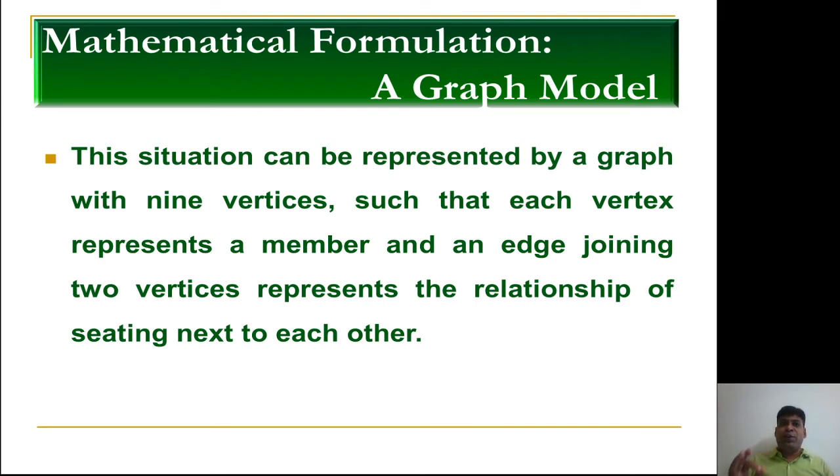Suppose the boss, or say person 1, has neighbors person 2 and person 3, then there will be an edge between person 1 and person 3 and between person 1 and person 2. The edge joining two vertices represents the adjacency relation, the relationship of sitting next to each other.